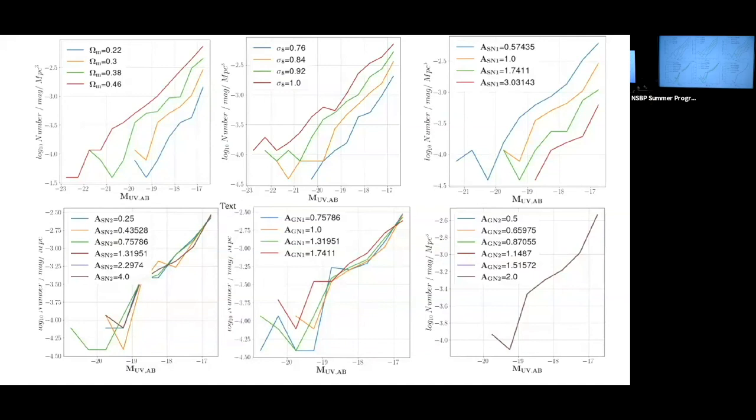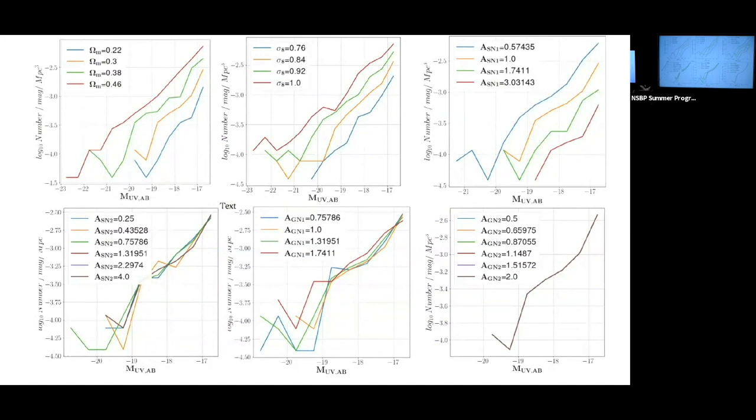The first thing that we did, since we're using luminosity functions, was to see which parameters affected the luminosity functions. We can see that only the first 3 parameters affect the luminosity function: this is the omega matter, that is the sigma 8, and that is the stellar feedback.